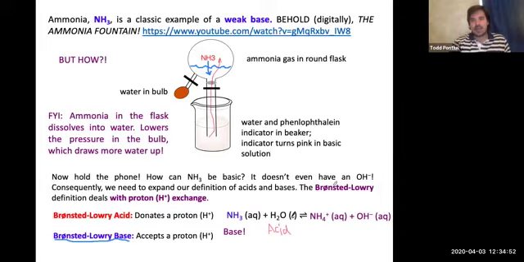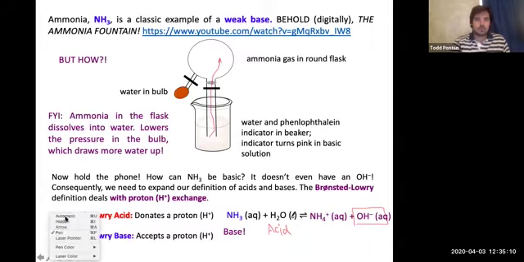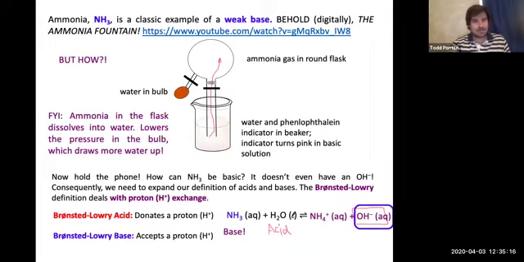And then in the end, that creates this hydroxide over here, which again is kind of our calling card of basic solutions. Hydroxide, classic.